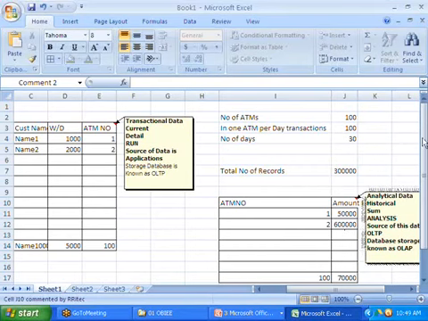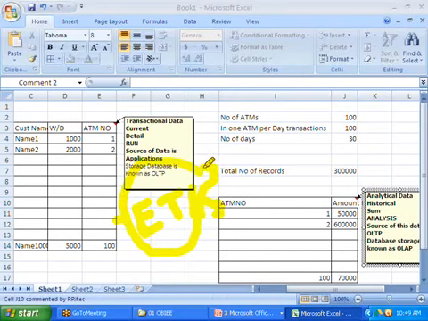The process available to move data from here to there is called what, sir? We extract the data from here, then we transform the data, then we load the data into this database. This process of ETL is what it is called. That job is done by which tool, sir?